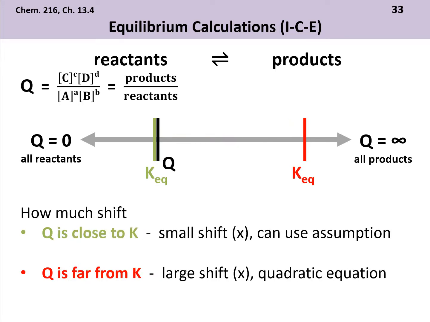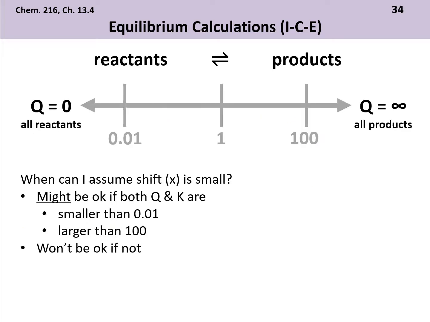Okay? But if Q and K are very close, like they are here, that means it's a small shift. So I can use the assumption. If I had this where my Q is here and my K is far away, this is a large shift. So I have to use something called the quadratic equation, which we'll do next time.